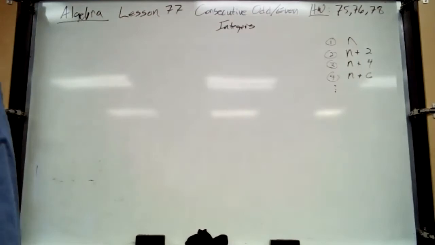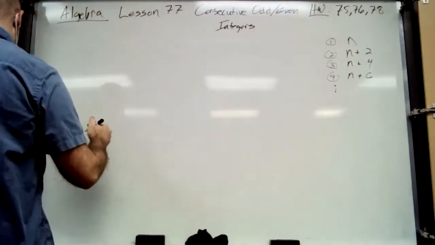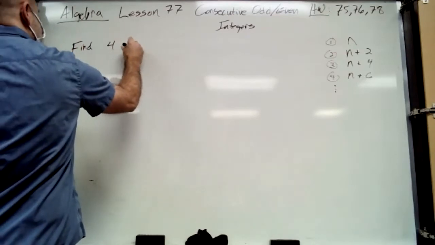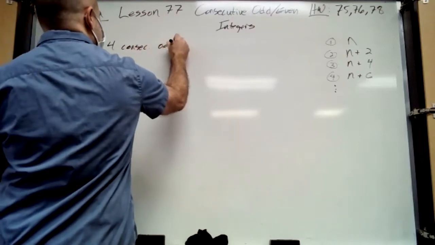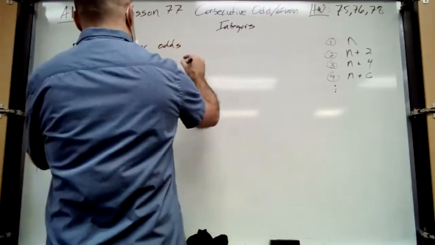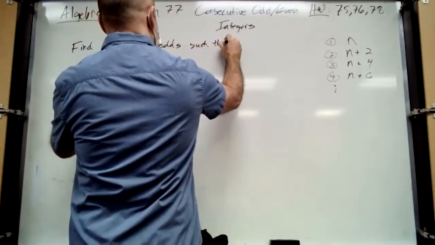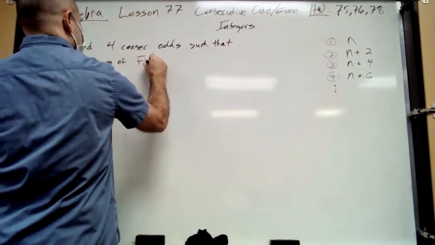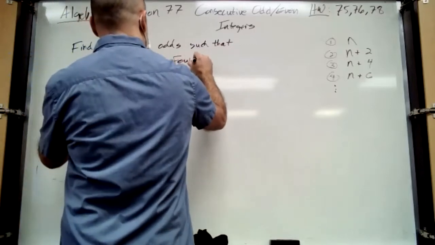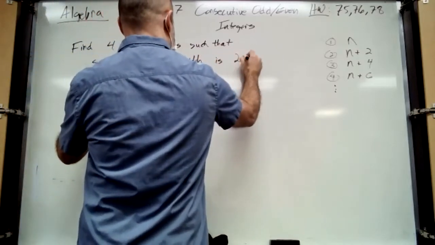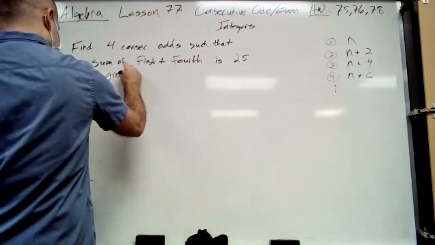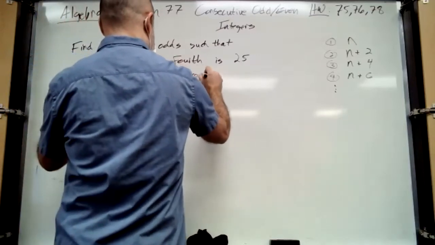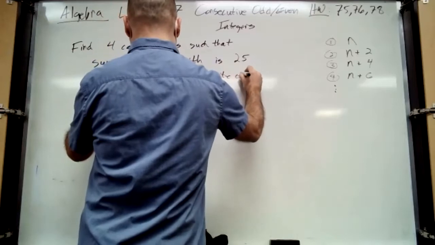All right. I'm going to skip to the third one because I feel like you guys get it. So let's find 4 consecutive odd numbers such that the sum of the first and fourth is 25 greater than the opposite of the third.